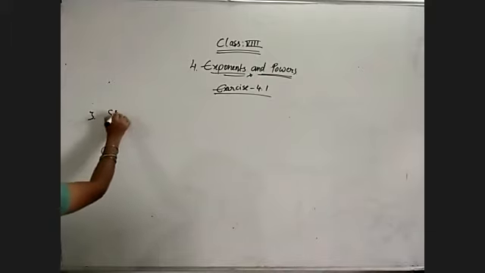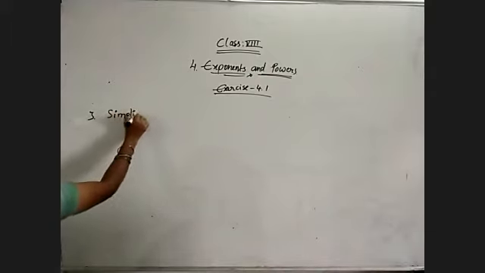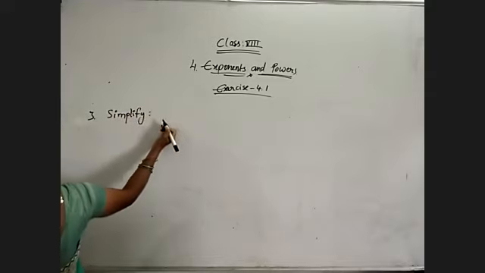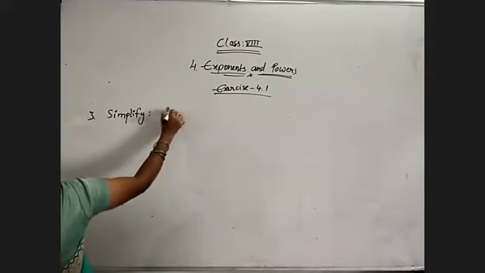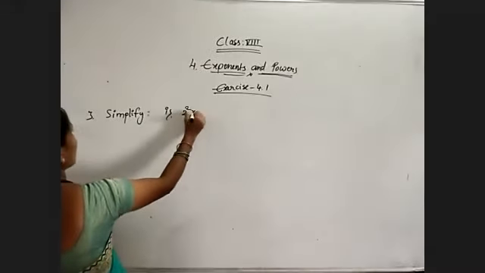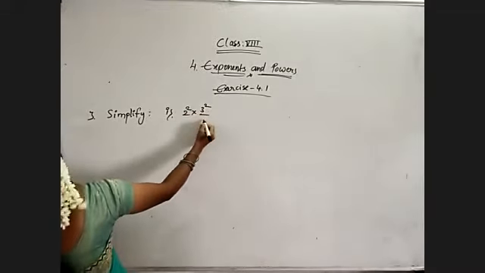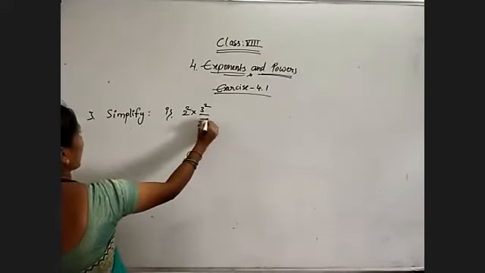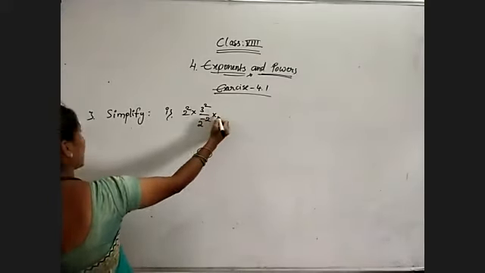Simplify. First one: 2 square into 3 square by 2 power minus 2 into 3 power minus 1.